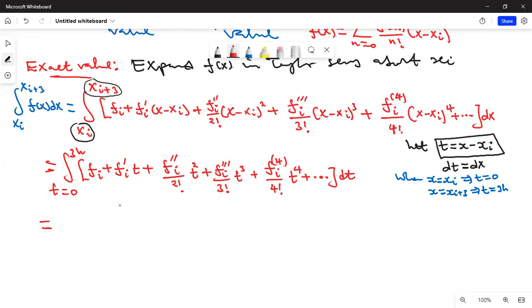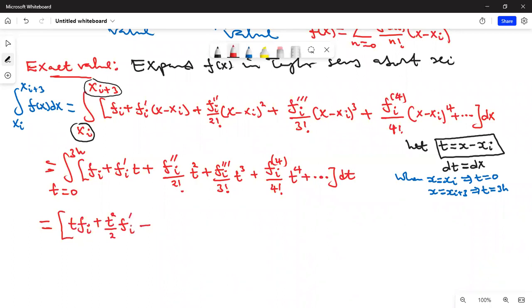Remember these fi's are constant. So with respect to t, we are going to get t times fi. Plus the other one is t squared over 2 times fi prime.